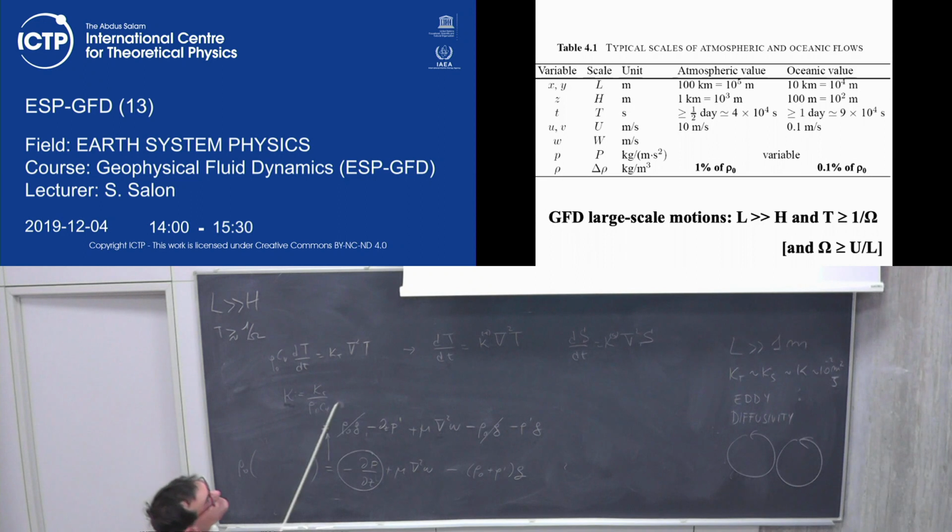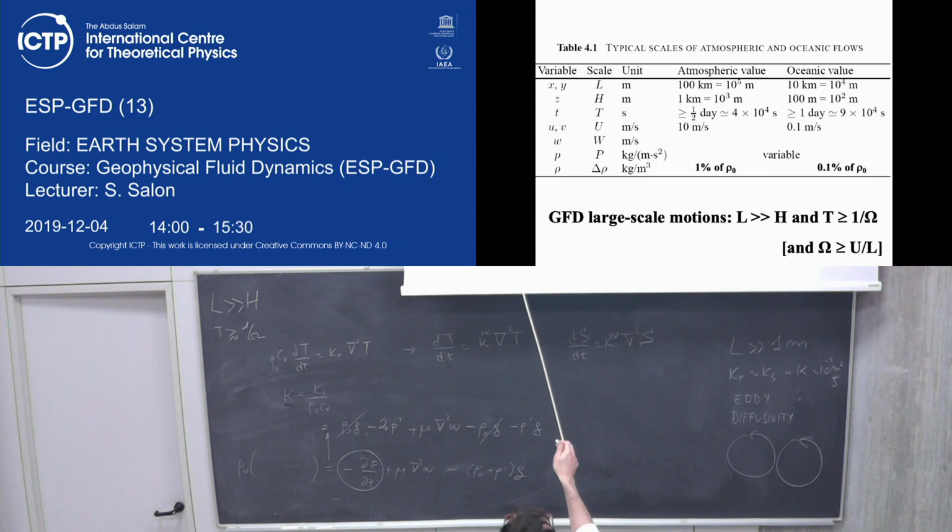Okay? So we have for the atmosphere more or less half a day, and 1 day for the ocean. Of course, this is an approximation. Then we have the horizontal velocity, which is 10 meters per second in the atmosphere, 10 centimeters per second in the ocean. Then the vertical velocity is extremely small, as we will see.